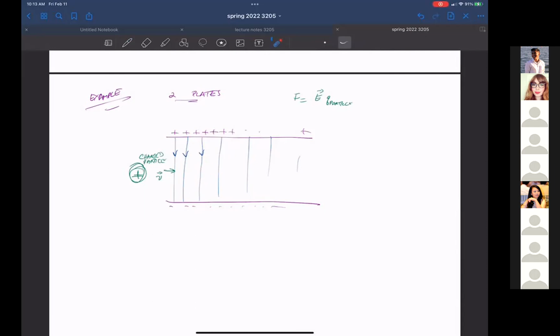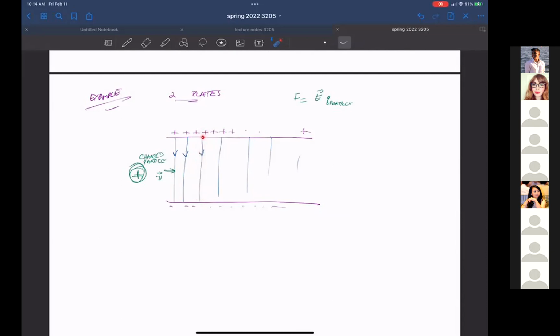The positive charges on the top plate are always pushing it down, and the charges on the negative plate are always pulling it down. And so the direction is always directly down, because if you're a positive charge, this guy's pushing you down, this guy's pulling you down. The total vector summation is always going to be down.